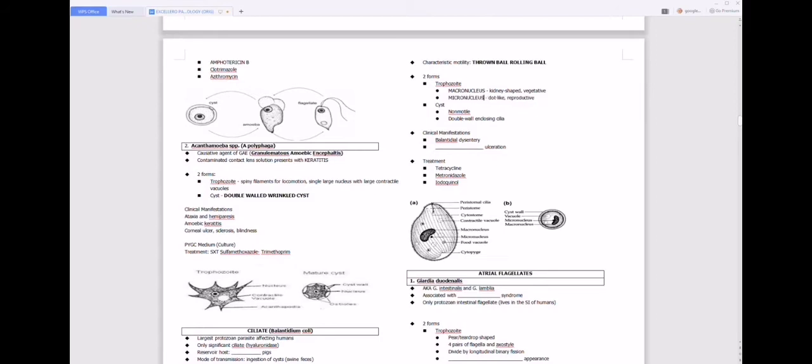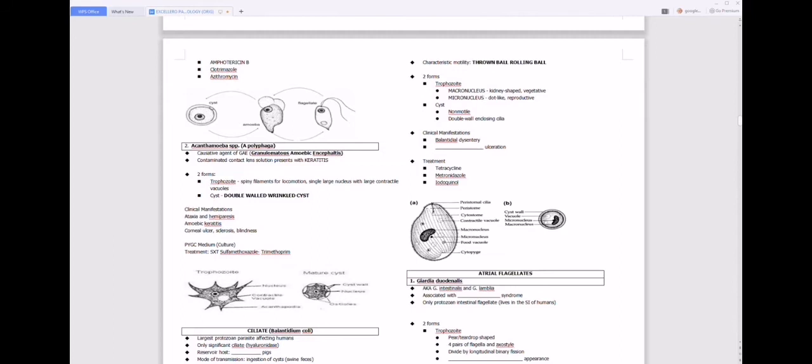So don't forget, Balantidium coli has two types of nuclei. Macronucleus, kidney-shaped, vegetative, micronucleus, dot-like, reproductive.